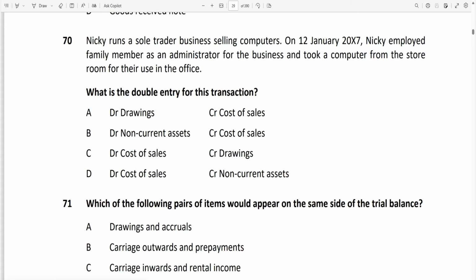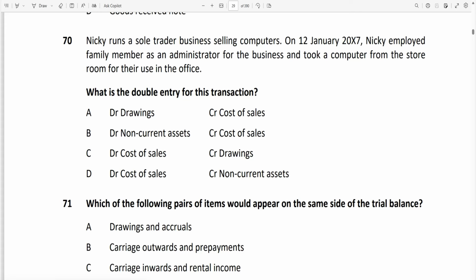All right. So till now we know that the last two options are of no use, so the answer might be A or B, right? Now coming to the other part, what will be on the debit side, whether it will be drawings or non-current assets. Let's evaluate.